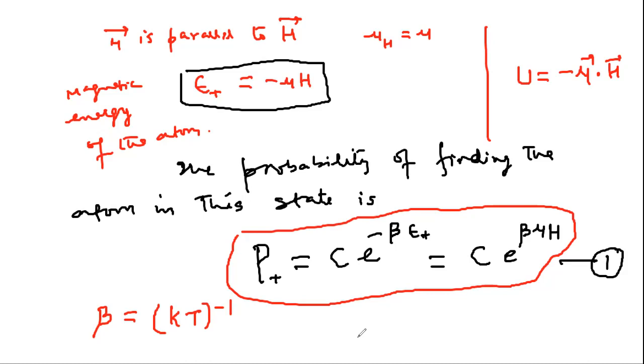I repeat, since this state, the plus state or spin up state, is the state of lower energy, this is the state in which the atom is more likely to be found. Let us move now to the other state.